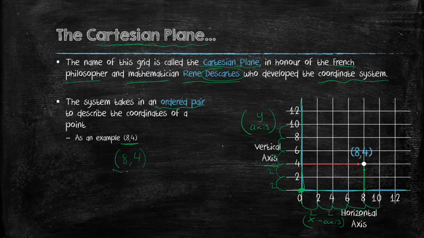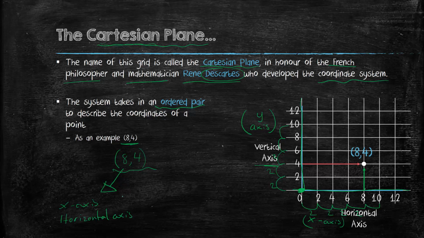So when we get an ordered pair like this, 8, 4, how do we plot that coordinate? Well, the first number always corresponds with the x-axis, also known as the horizontal axis.